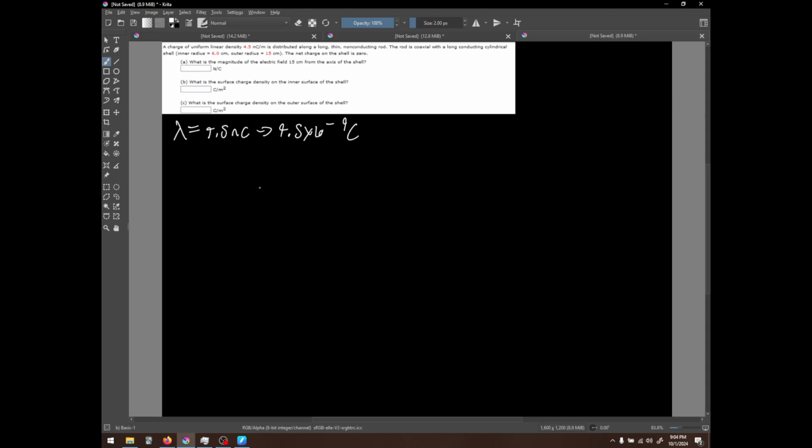So, rod. Lambda equals Q over L, right? And I do not like the electric field. Dang it, they are asking for the electric field.